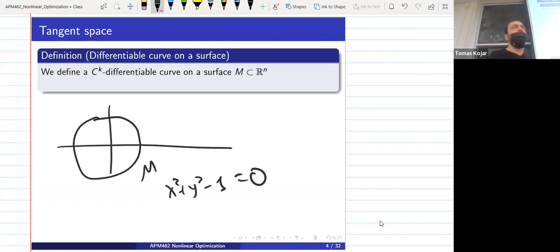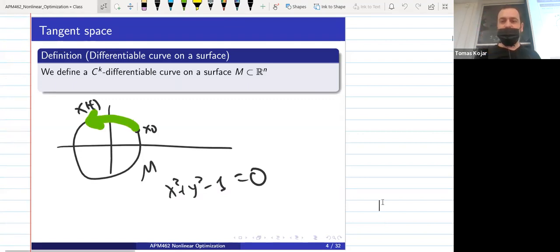Then a differentiable curve would be like you fix a point, like over here, and you move forwards in time, like up to here, x(t). Okay? So this red part will be intuitively what a curve is.